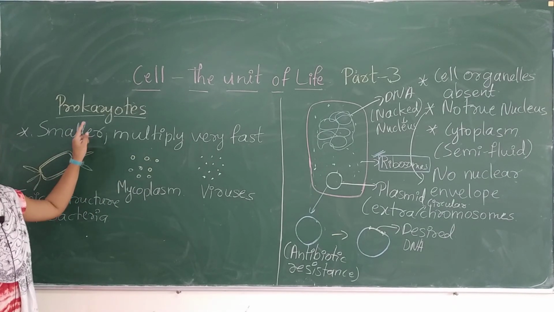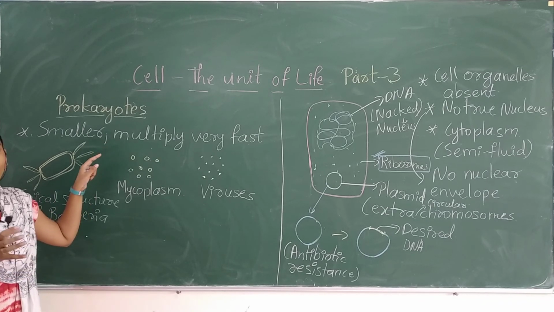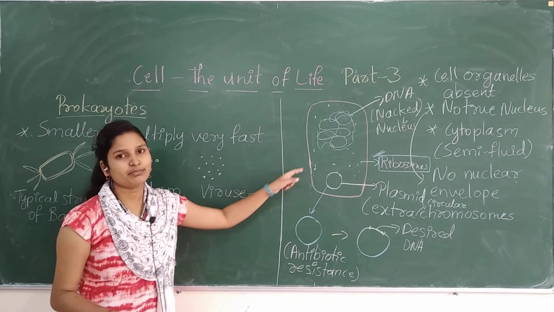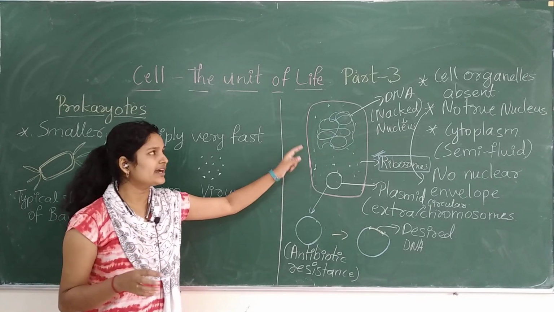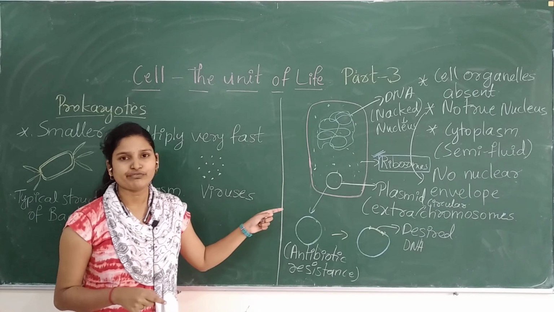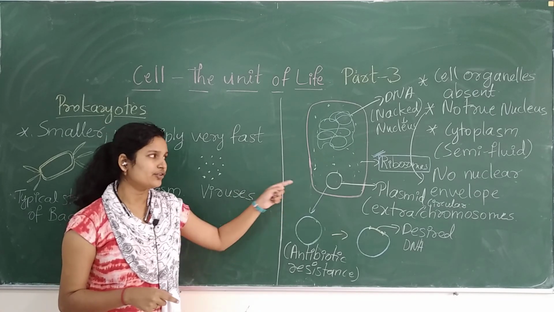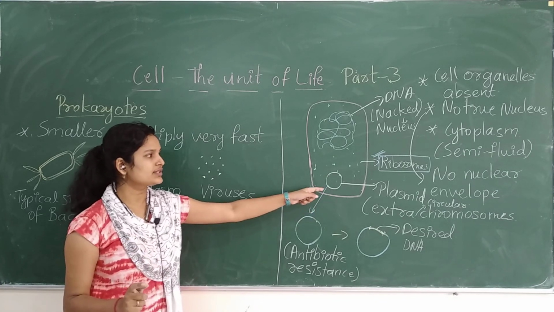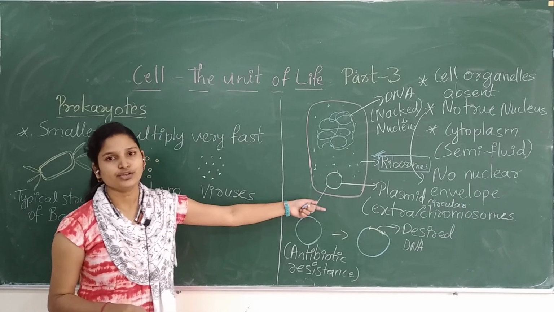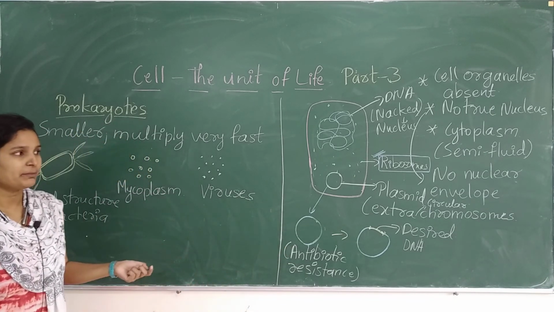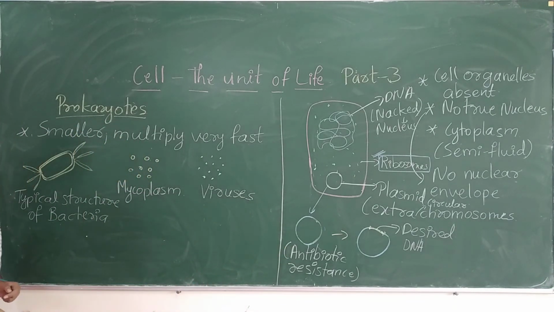By name you can have a rough idea, and this diagram should be in your mind while learning about the prokaryotes, the nucleus and other different functions. Also the ribosome is common in prokaryotes and eukaryotes, and this plasmid is unique to prokaryotes. So remember this. Any doubts?